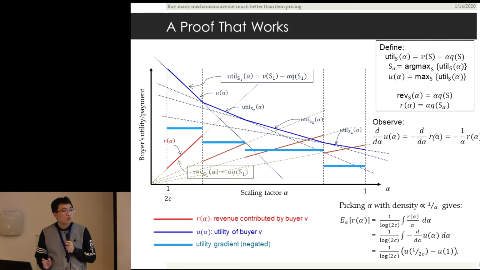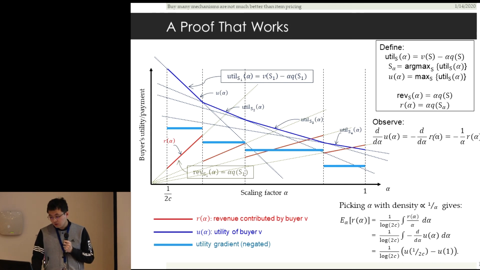At the same time, the revenue function is also a piecewise linear function, and the increase in revenue is captured exactly by the decrease in utility, but the revenue function may not be continuous. A good property is that the gradient of the utility function and the revenue function with respect to alpha is proportional to the revenue function R of alpha itself.